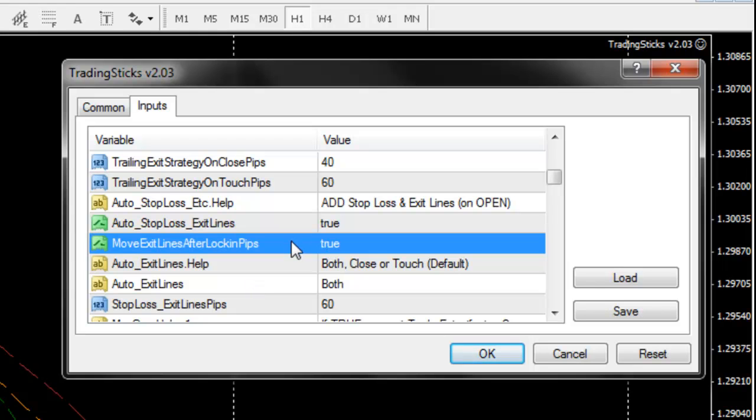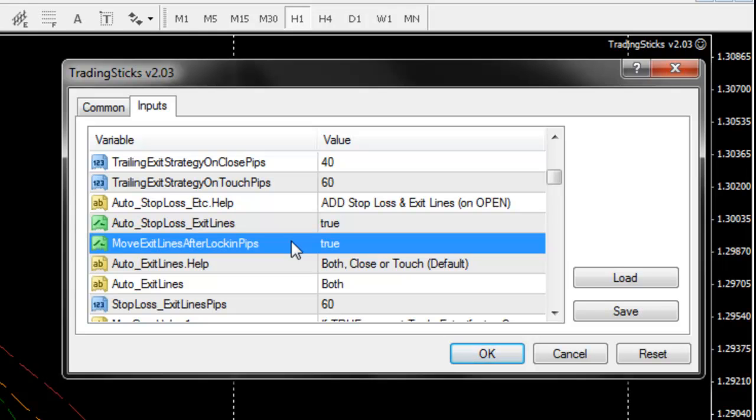Now the next question is, do we want the exit lines to move immediately or only when we lock in a profit, for example at the break-even point? So if, for instance, you're the sort of trader that likes the exit strategy to move and follow the price action, so even though the price action itself may not be in profit, the actual risk becomes less because the lines move with the trade, then you would check this as false.